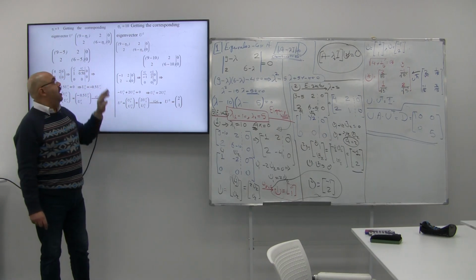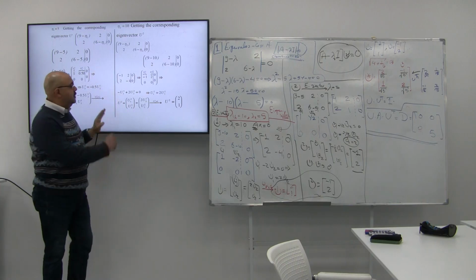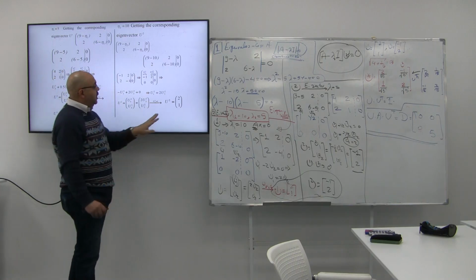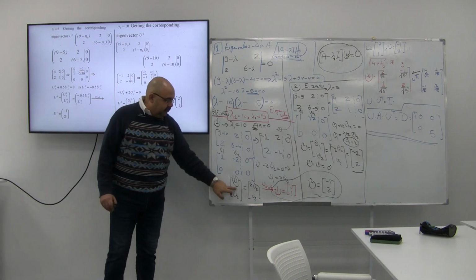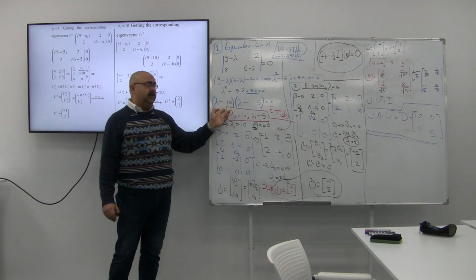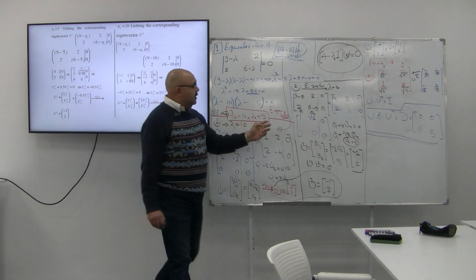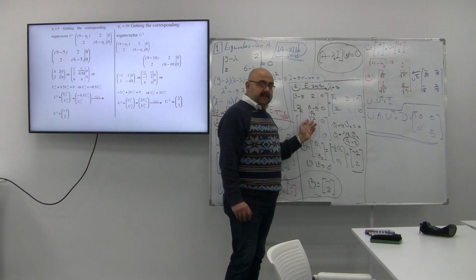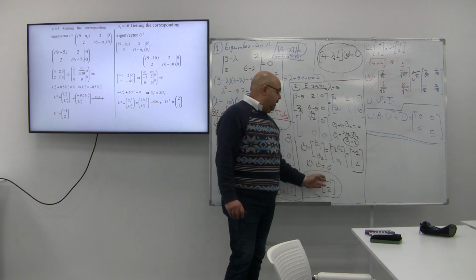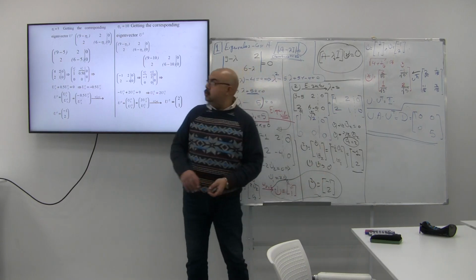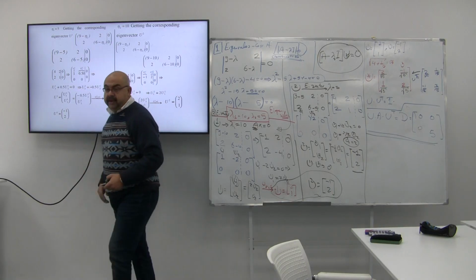Once more, I've switched the values of the eigenvalues. The eigenvectors are switched. This is the second, this is the first, because I used lambda equal to 10. This is the second eigenvector, and once you used it for the first, it's negative 1 and 2.